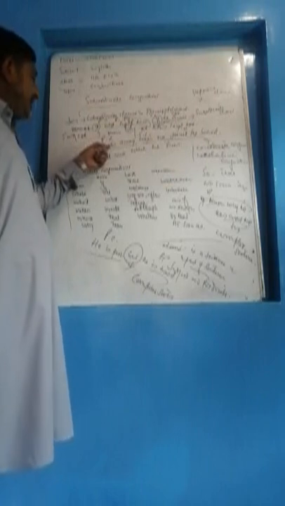And same is the case: I was away, it is a principal clause, and then when is a subordinate conjunction, and then he joined the school, it is a subordinate clause. तो आप देखते हैं कि subordinate clause क्यों है, क्योंकि इसके साथ when का इस्तेमाल भी है. तो यहां आप देखेंगे कि ये principal clause है और ये subordinate clause है, and they were joined by when, and then it becomes a complex sentence. So this is a subordinate conjunction.